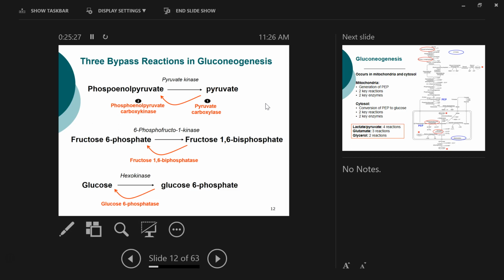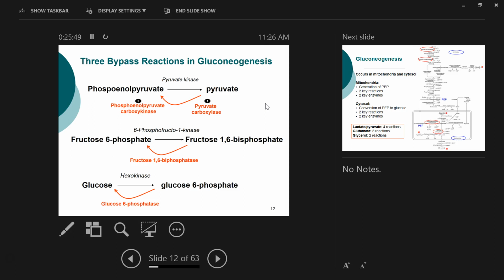So fructose 1,6-bisphosphatase is the key enzyme in gluconeogenesis, and phosphofructokinase 1 is a key enzyme in glycolysis, right? So two different sets of enzymes in glycolysis versus gluconeogenesis.